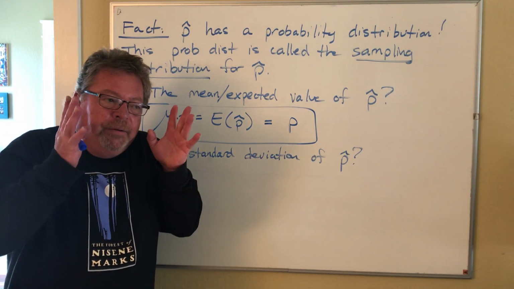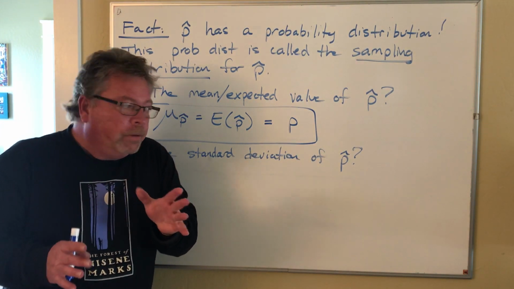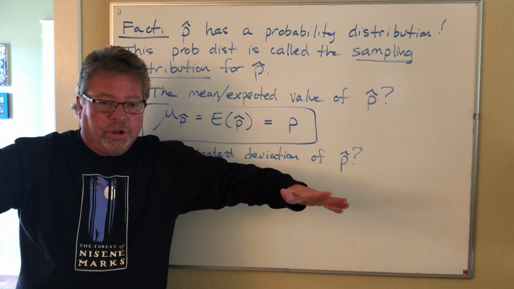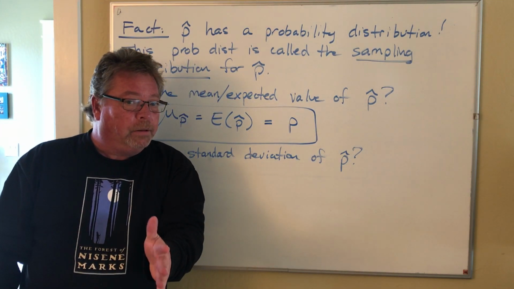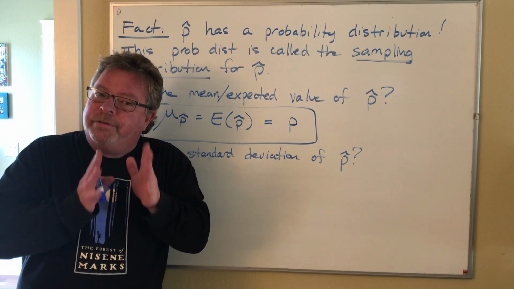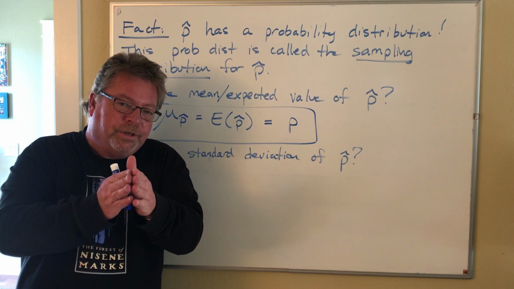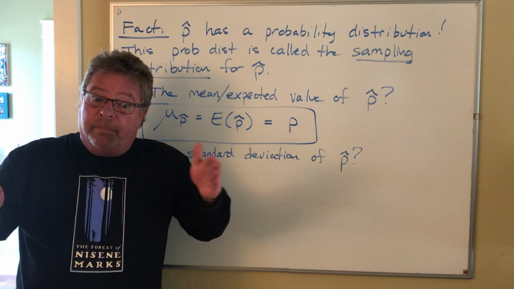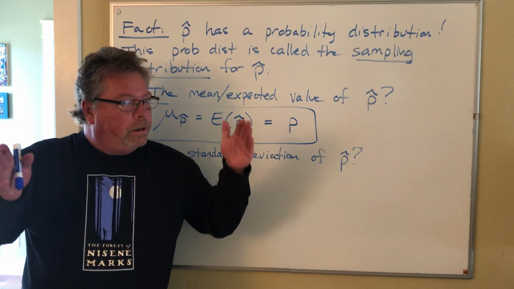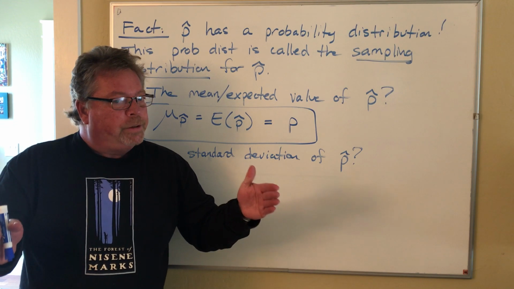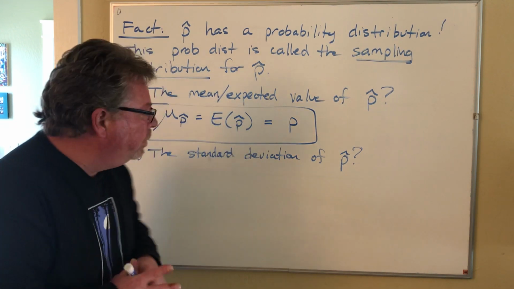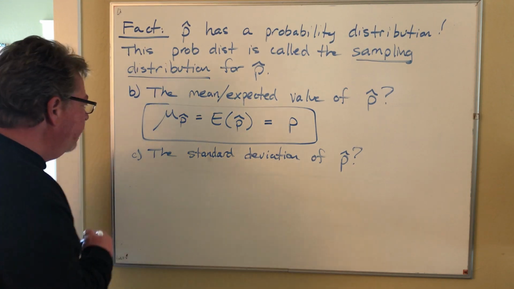And here's the good way to think about it. We have an expected value. We've got a nice normal distribution. We've got an expected value right in the middle. And what this standard deviation is going to capture is how far below that expected value and above that expected value are you willing to go before you say, that's weird, that shouldn't happen. So that's what this standard deviation is going to capture.